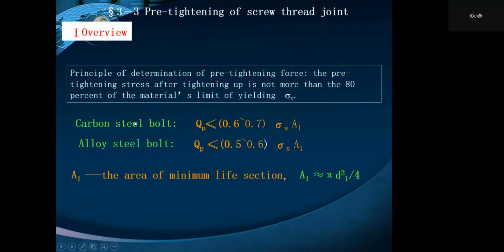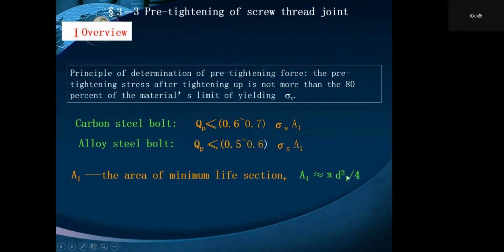For carbon steel bolts, the preload should be less than 0.6 to 0.7 times sigma s times A. A is the area, and for alloy steel bolts, the preload should be less than 0.5 to 0.6 times sigma s times A. Use D1 to calculate the area.